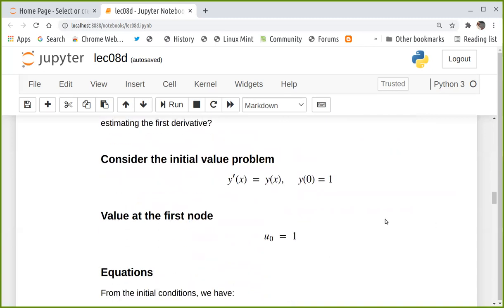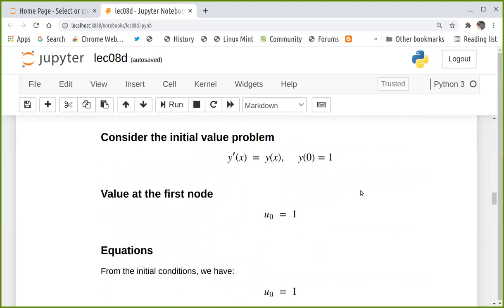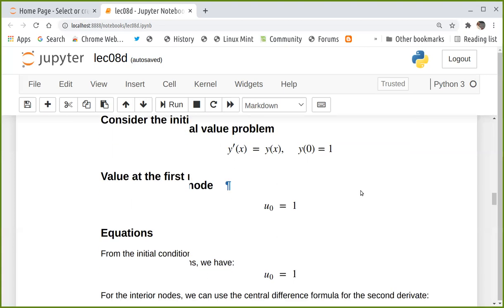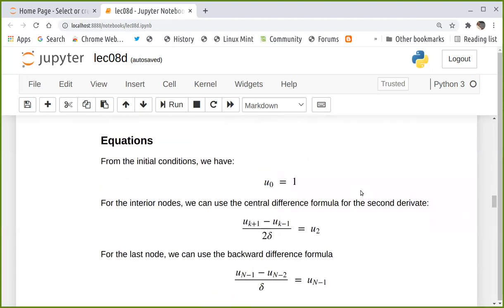You have y prime equals y, with y of 0 equal to 1. Let's set the value at the first node to be u0. And then, okay, so from the initial conditions, u0 is equal to 1. We don't have to solve for u0.